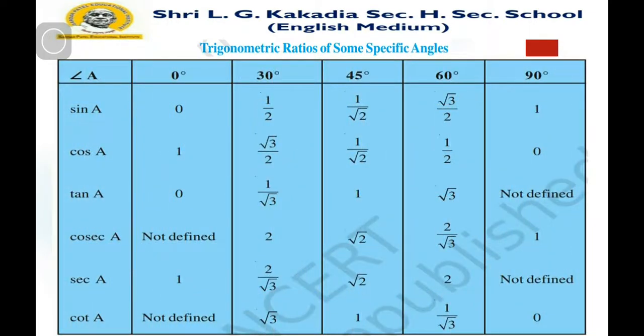As you can see here, given the 6 trigonometric ratios: sin A, cos A, tan A, cosec A, sec A and cot A. The specific values of all the trigonometric ratios are given here for some specific angles, that is 0, 30 degree, 45, 60 degree and 90 degree.